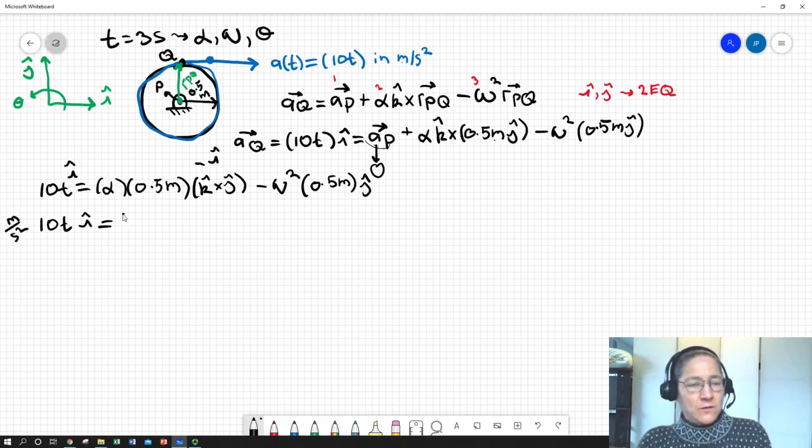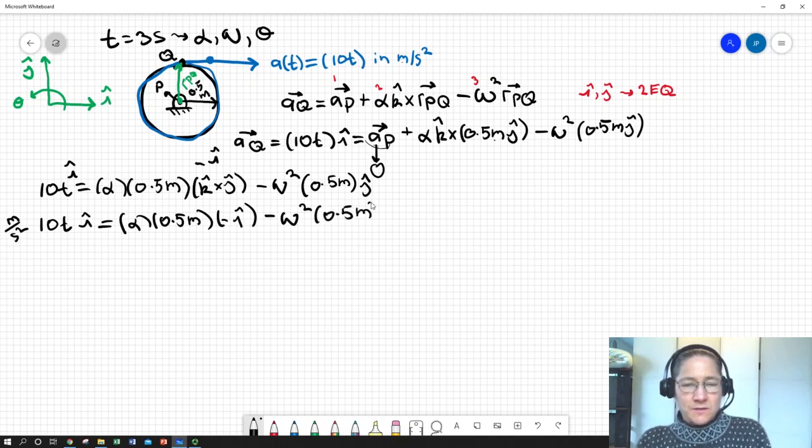Is going to equal alpha times 0.5 meters times negative i hat, minus omega squared times 0.5 meters j hat. Checking there.